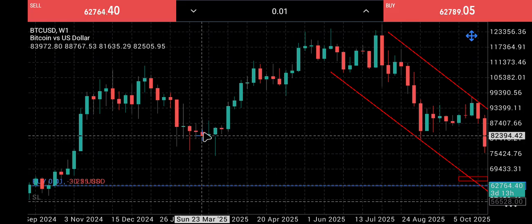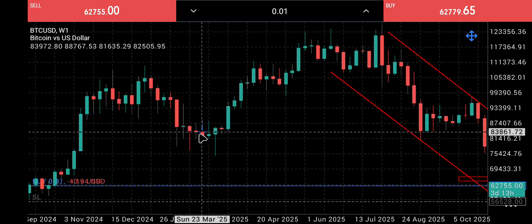So this stick that is looking long here, before the closure of this candlestick, we normally call it a wick. Starting from here up to here, this stick is called a wick. Then this is the body.